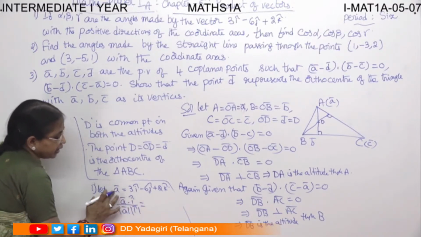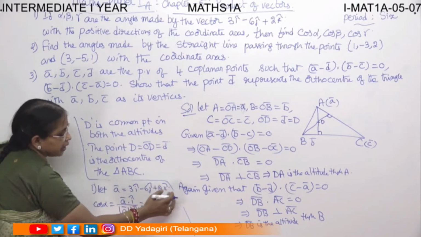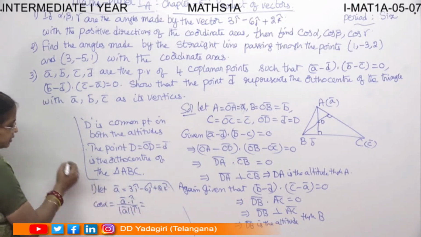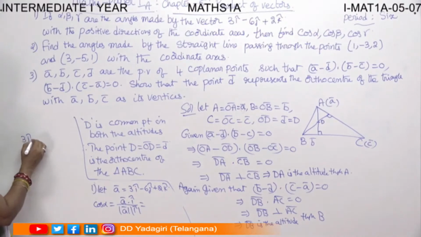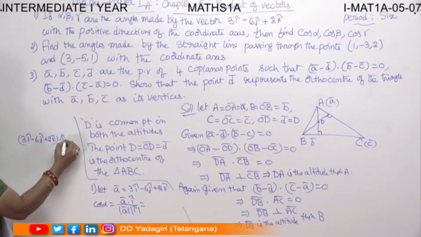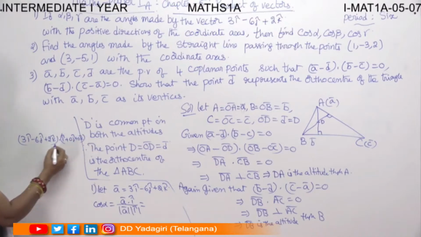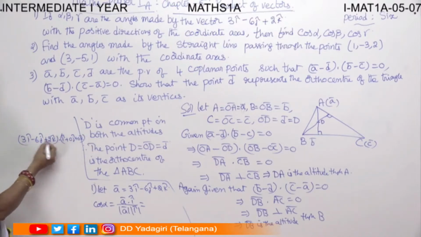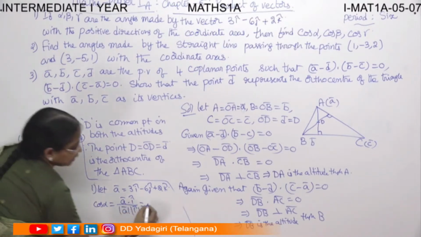What is A dot i? A is 3i minus 6j plus 2k dot i. So for i there is no j and k, so 0j plus 0k. So the value is just 3 into 1. 3 only. So we'll write only 3.